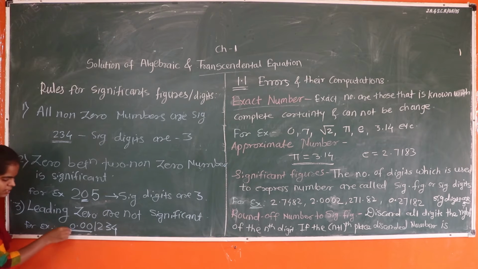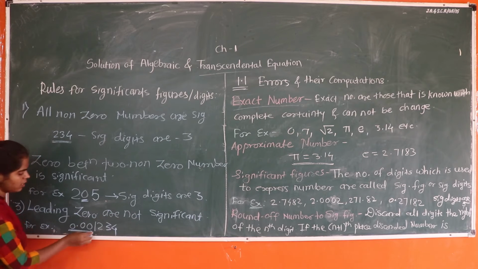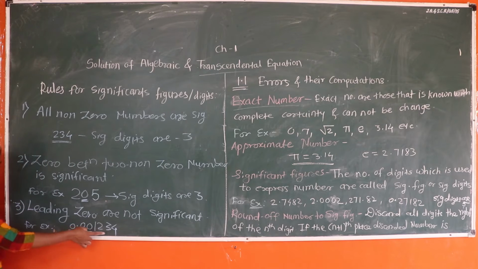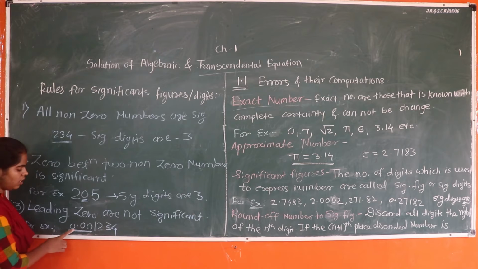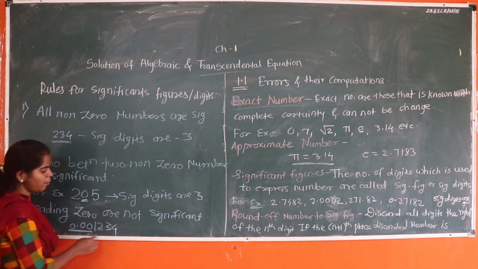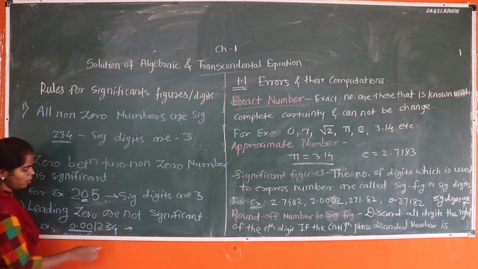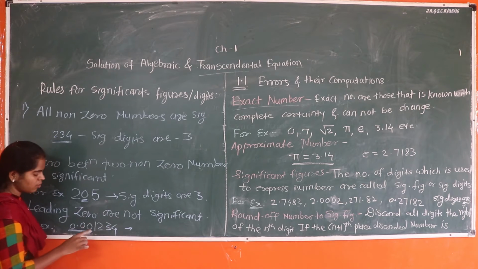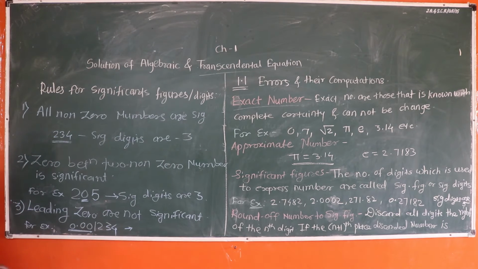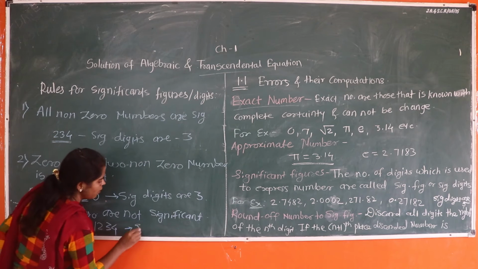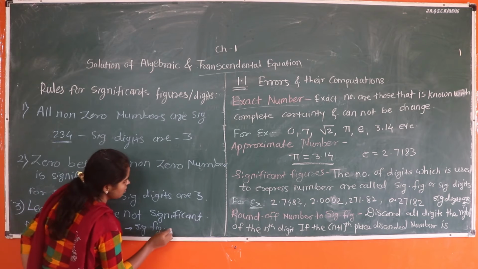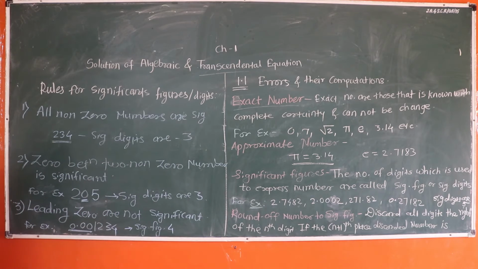In this number, leading 0s are not significant. This 0 is leading, it means it comes before the non-zero numbers. So the significant figures for this number are the non-zero numbers: 1, 2, 3, 4. So 4 non-zero digits in this number. Therefore, the significant figures or digits are 4.